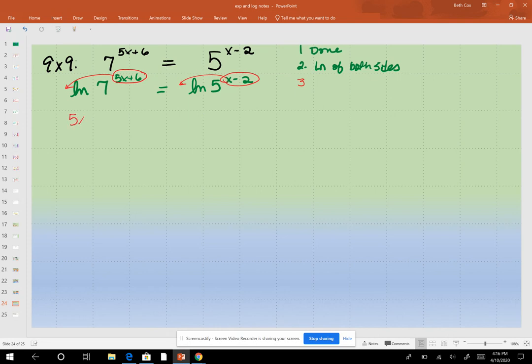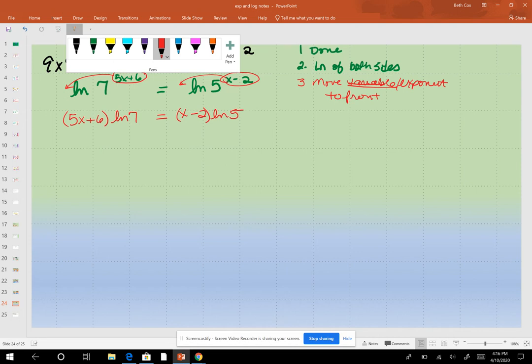This is different because, again, we have variables on both sides of our equation, which makes things different. So we move the variable to the front with the exponent. Okay, so now here's where it gets different.